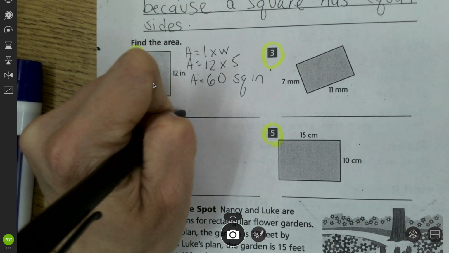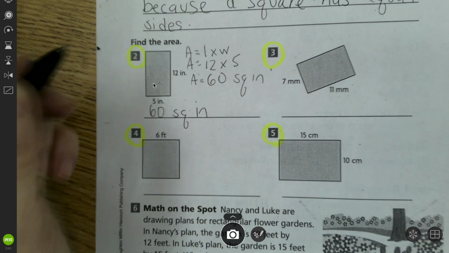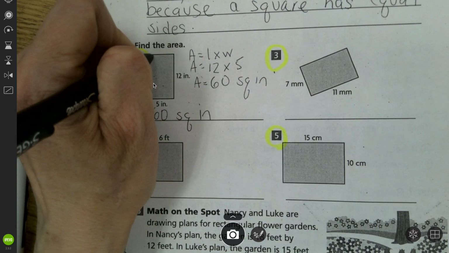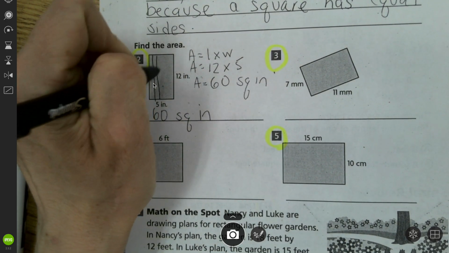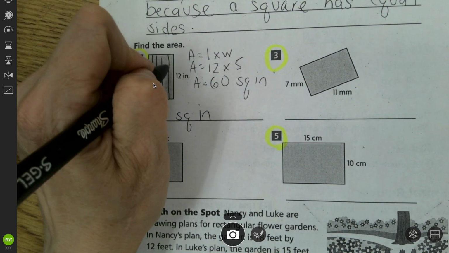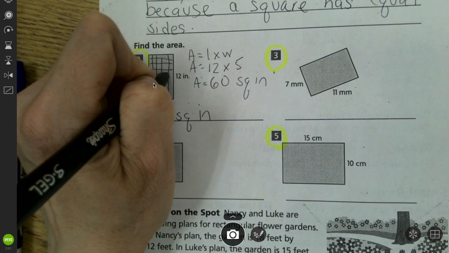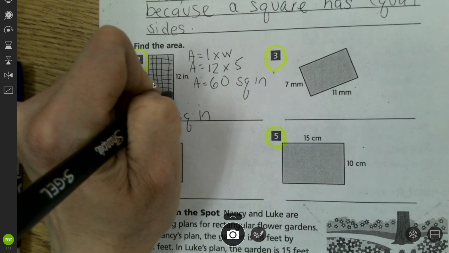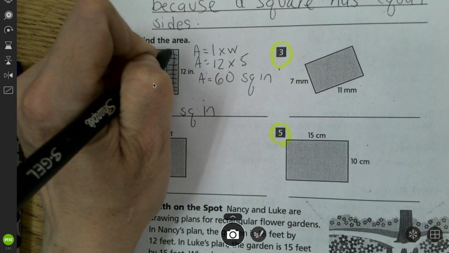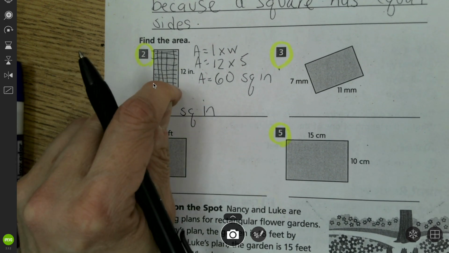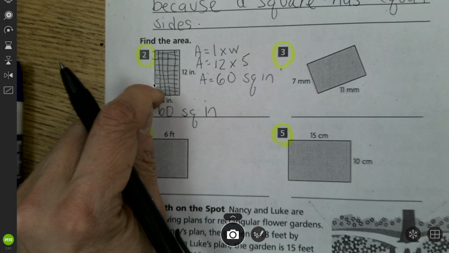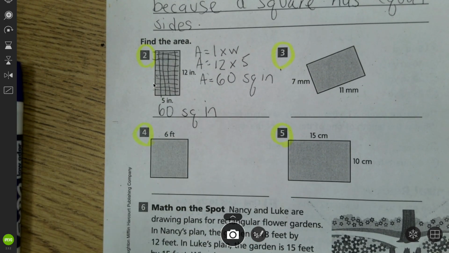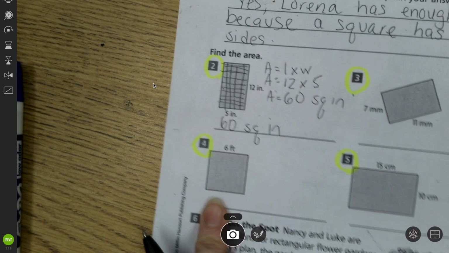And remember, it's not just inches, it's square inches because this is the same thing as going like this. 1, 2, 3, 4, 5, 6, 7, 8, 9, 10, 11. Okay? It would be the same thing as counting them up. Each one is worth a square inch. Okay. Let's look at number 4.